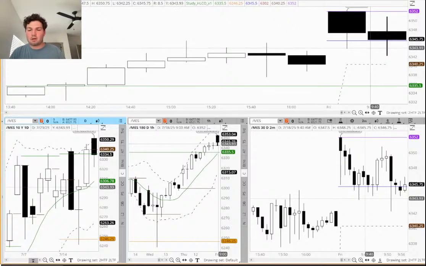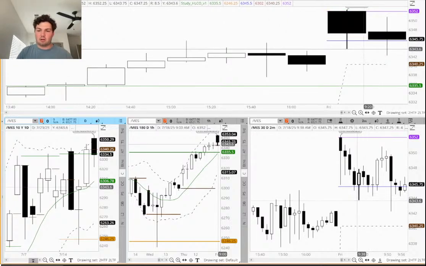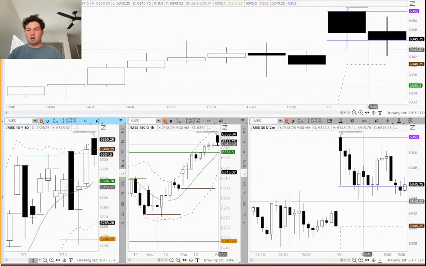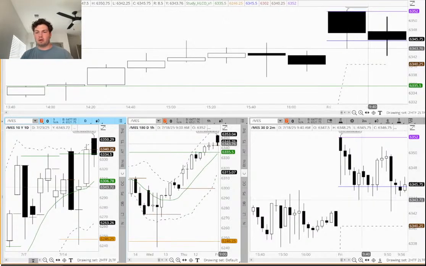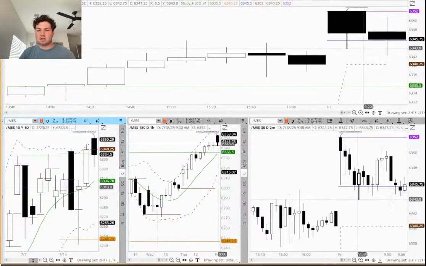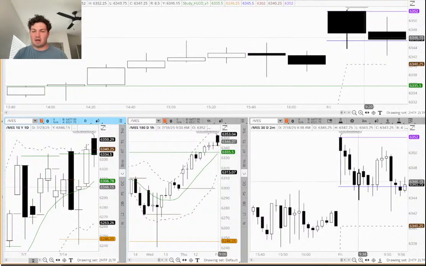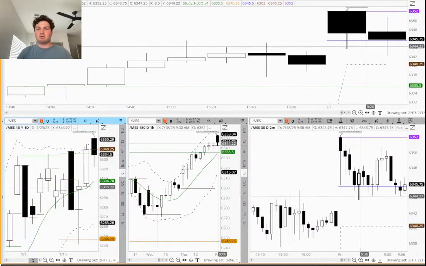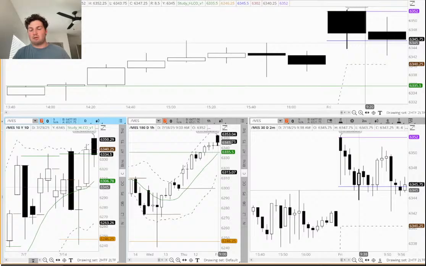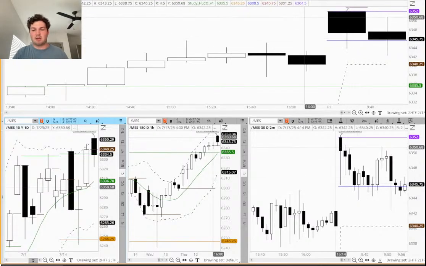Okay. So we would get filled off the close of this bar. This is the bar that gives us the tightest stop in the first 20-minute bar. And the first 20-minute bar was really only the first 10 minutes, by the way.